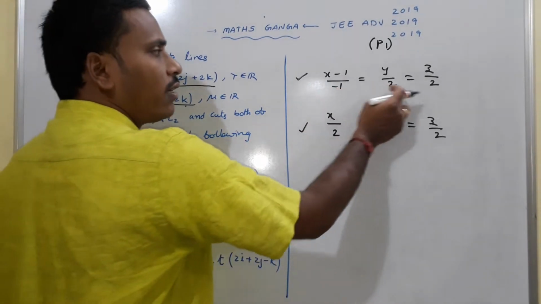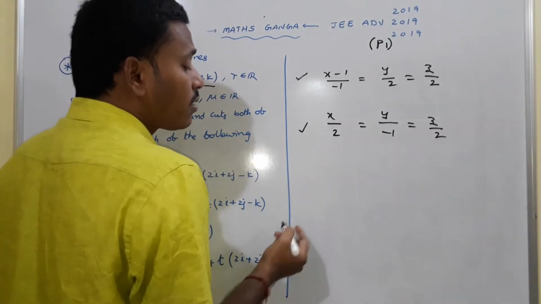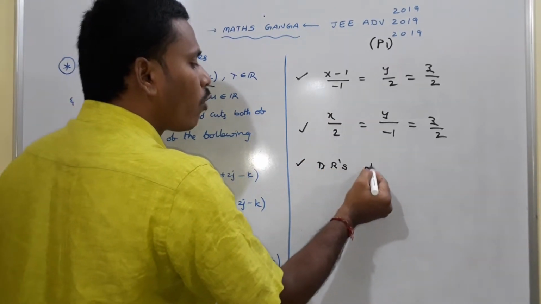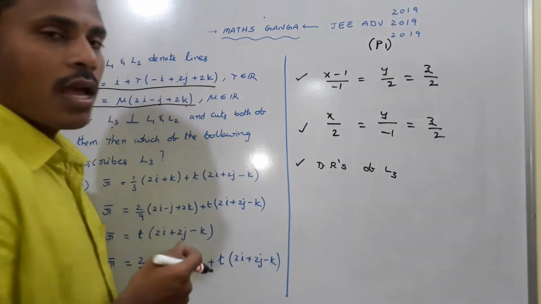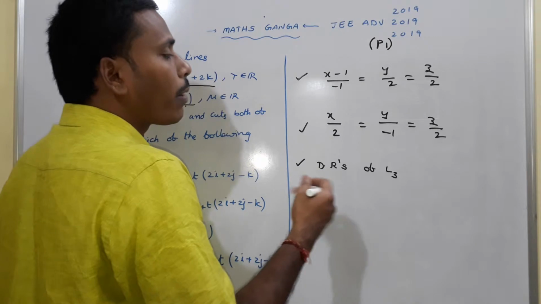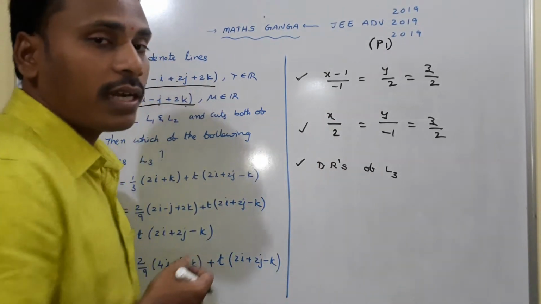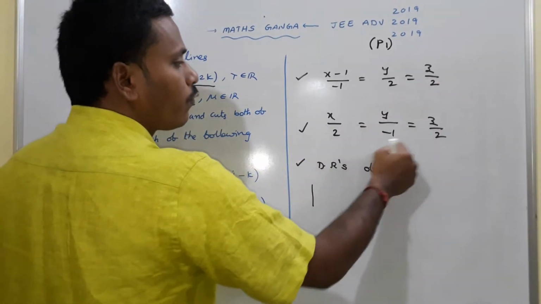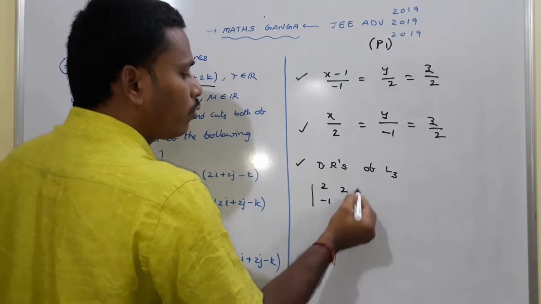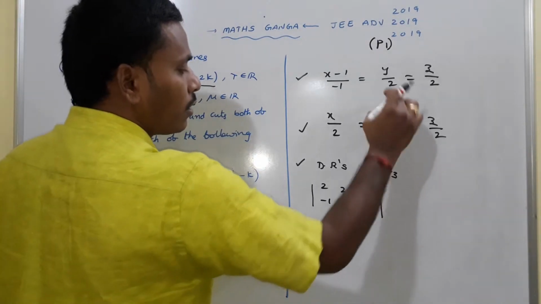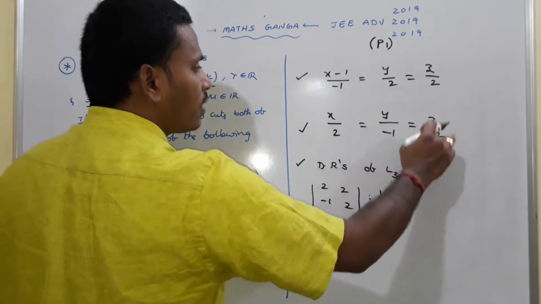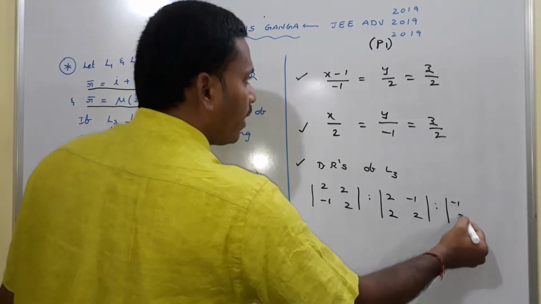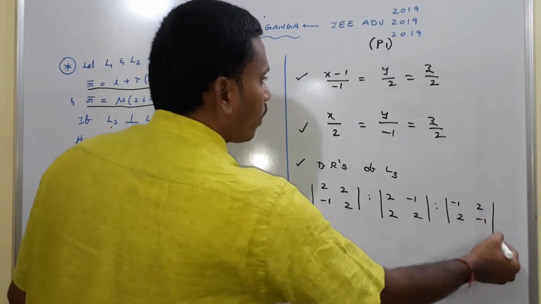See that these values represent the DRs. Since L3 is perpendicular to these two lines, I am going to calculate the DRs of L3. The DRs of the line perpendicular to two lines can be calculated by the determinant of these values: 2, 2, minus 1, 2, and 2 again. For the determinant, leave the first column, then consider 2, 2 and then these values: minus 1, 2 is 2, minus 1, 2, 2, minus 1.